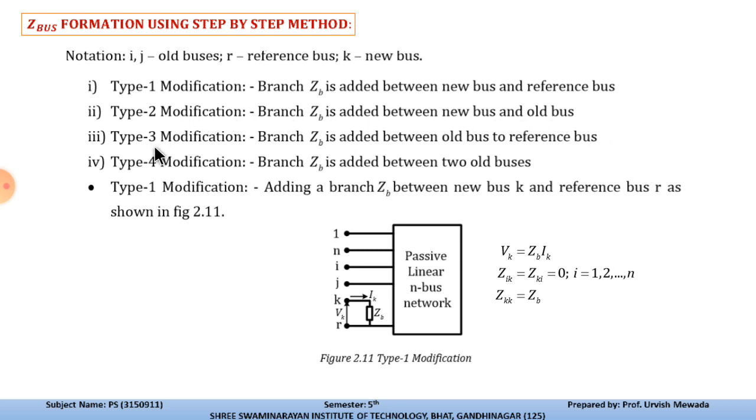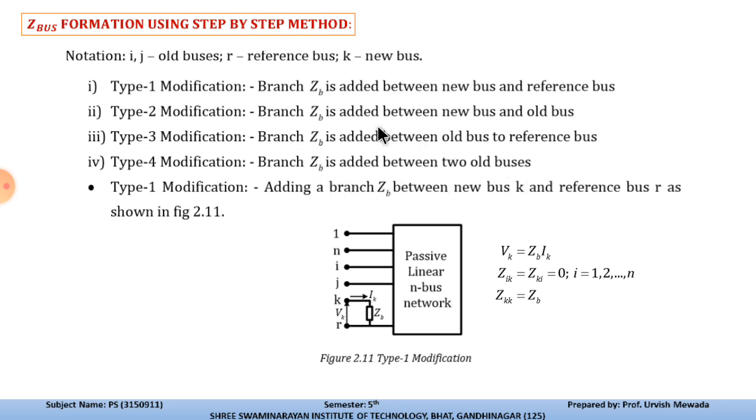And in the type 3 modification, the branch ZB is added between an old bus and the reference bus. Old bus means any of I and J, and the reference bus is R. And let us consider type number 4, in which the branch ZB is added between two old buses.